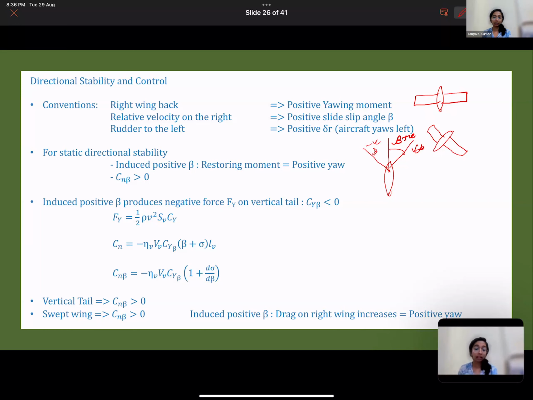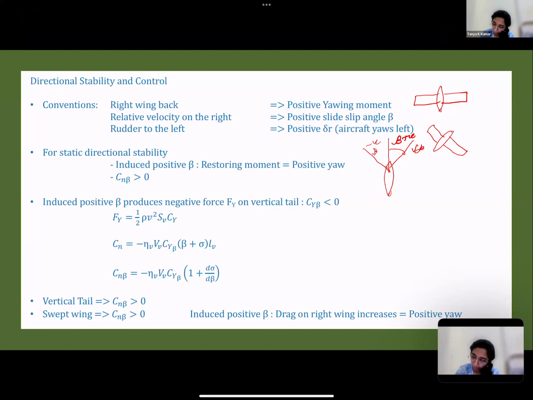Now, the convention of the control surface deflection for the rudder. The rudder is on the vertical tail, right? If I deflect my rudder to the left, it produces camber in this direction.